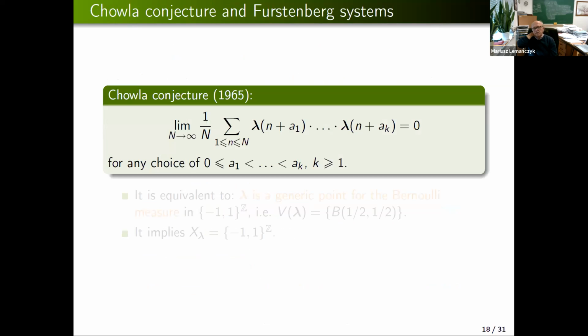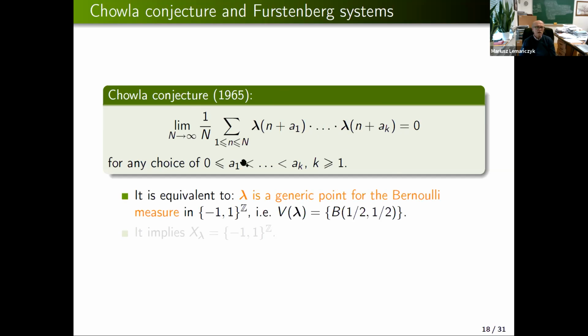Okay, so now if we keep in mind all these concepts I tried to present before, we can come back to the Chowla conjecture. Maybe first I write this Chowla conjecture for the Liouville function. This function lambda takes values +1, -1. We look at the autocorrelations of this function, and all these autocorrelations are equal to 0.